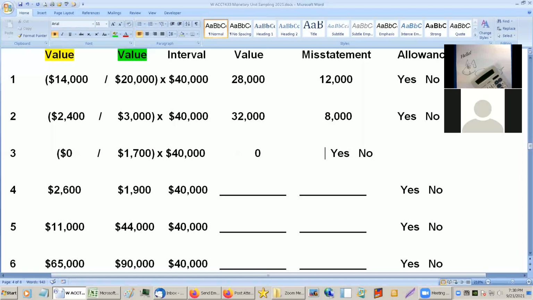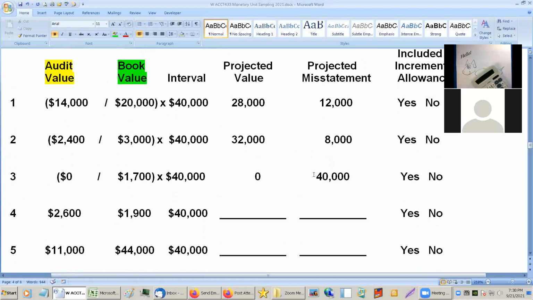But if you look at it and it really is a zero, then it's completely overstated. And if they put a fictitious account on the books, you catch it. So the projected value is zero, and the entire amount is misstated.